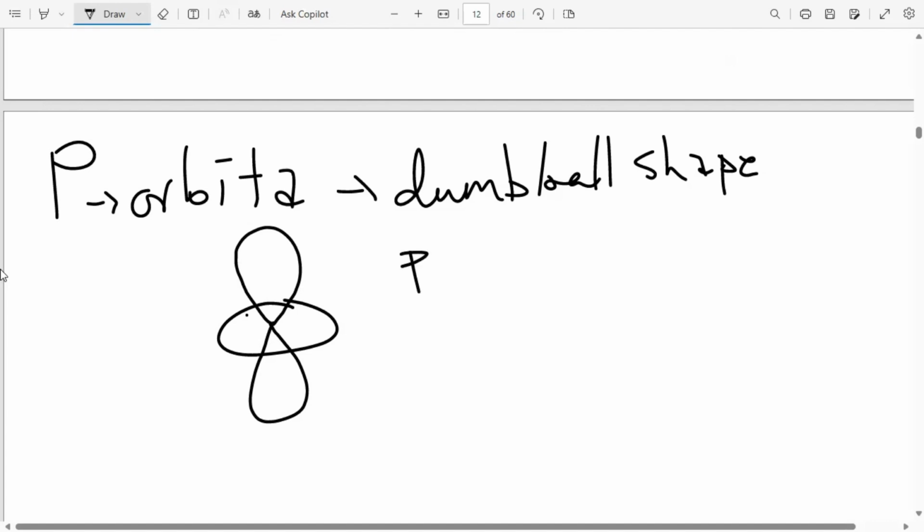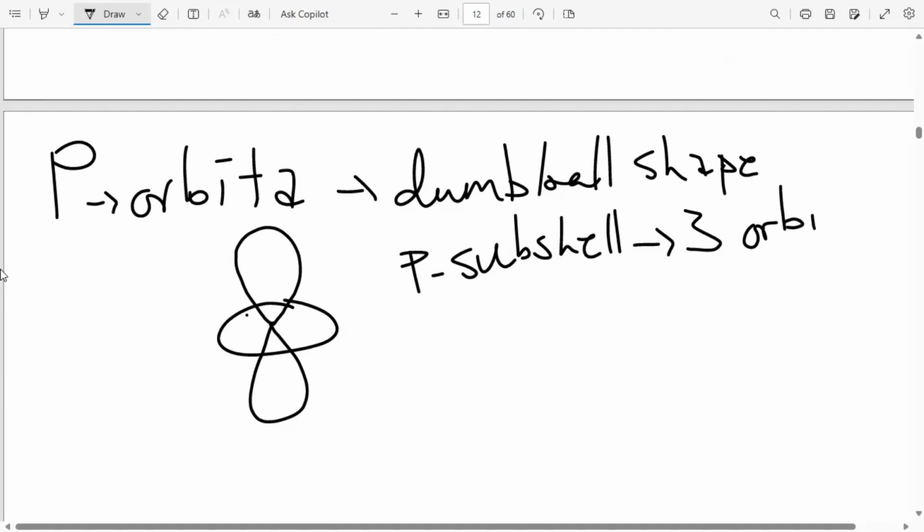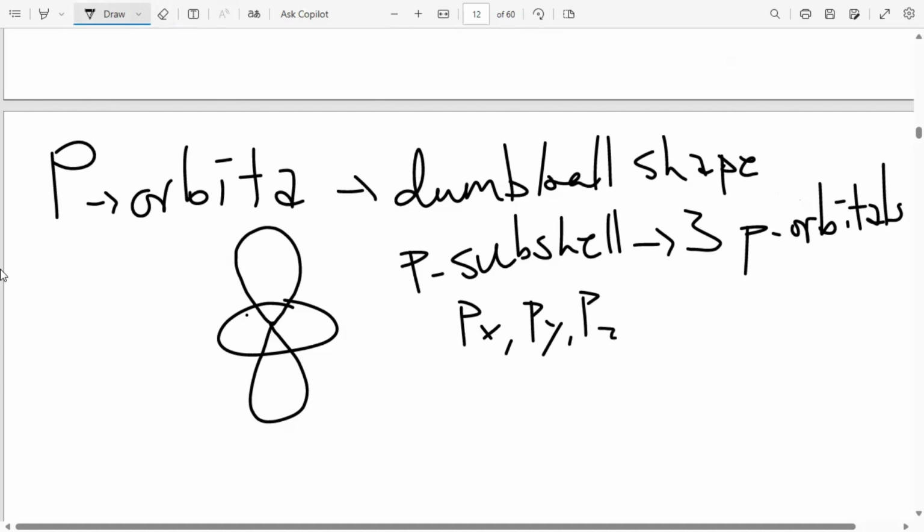So within any p subshell, you're going to find three p orbitals. Three. In the s subshell, we only found one s orbital, whilst in the p subshell, we're going to find three p orbitals, which are namely px, py, and pz.